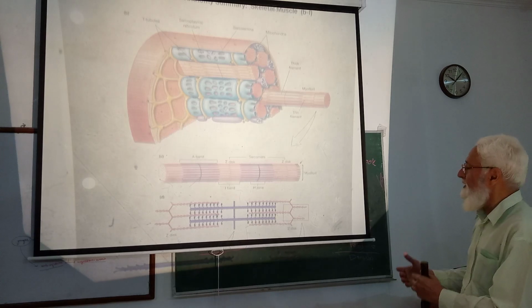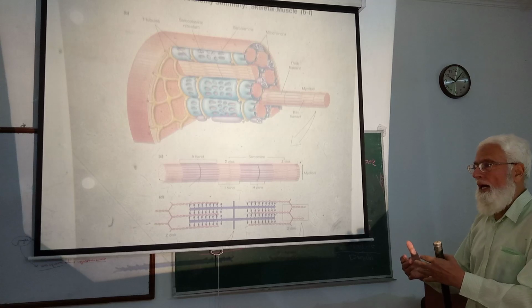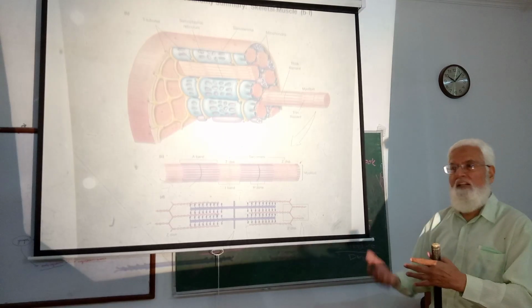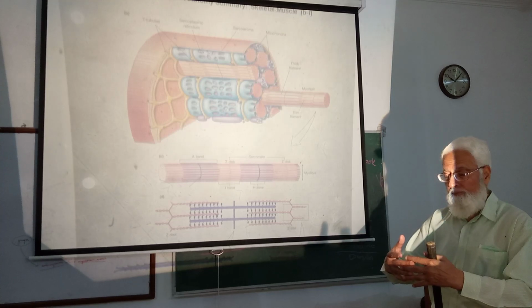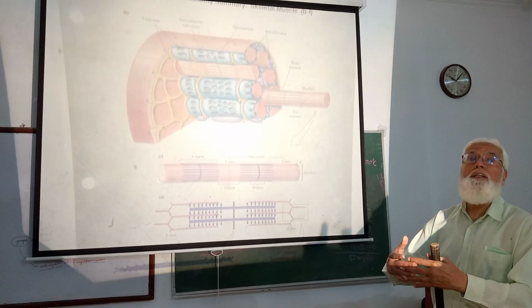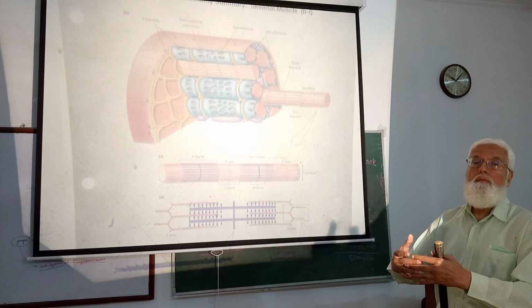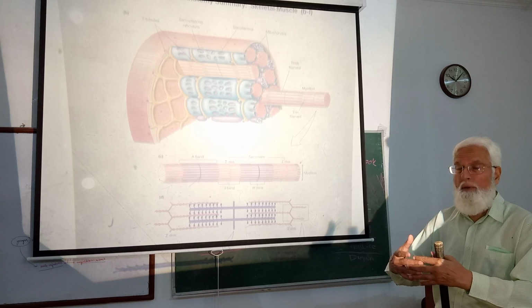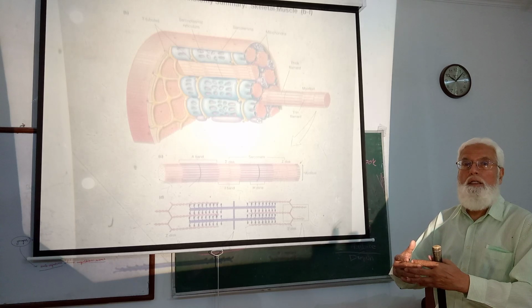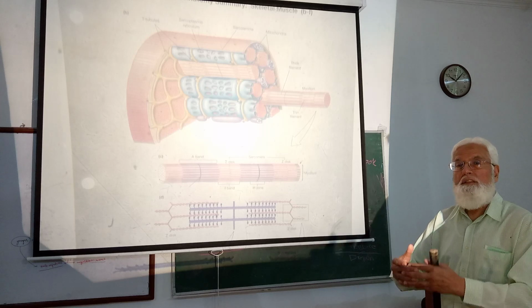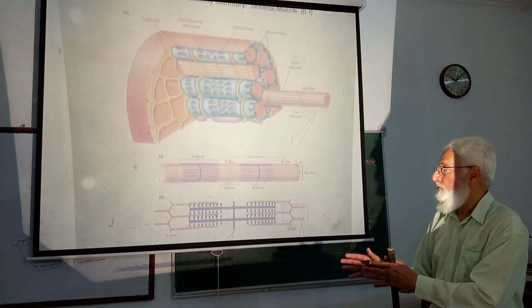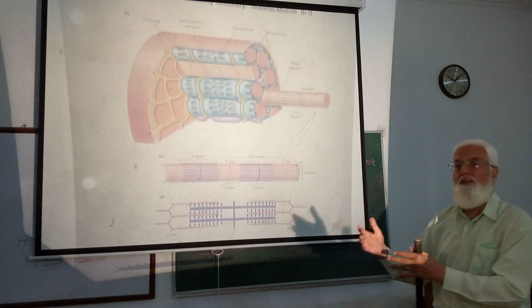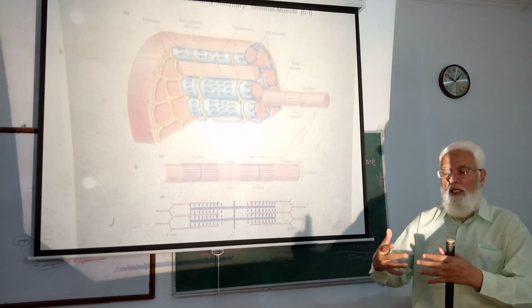Now these filaments, thin and thick, actin and myosin, partially overlap and interdigitate to form alternate dark band and light band.